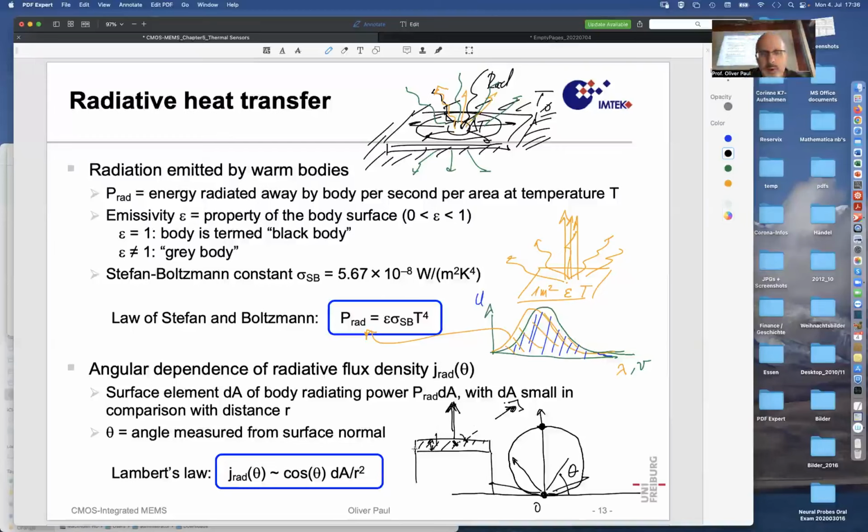So the components of the solid that contribute to the radiation reaching this detector, or my eye, are from a smaller volume. And that volume scales like the cosine of theta.